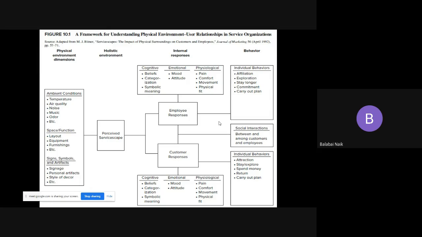So I was talking about the cognitive responses, cognitive responses in terms of environment. So it is environment and cognition. The servicescape can be viewed as a form of non-verbal communication, imparting meaning through what is called object language. If you see something, it is communicating, it is appealing.